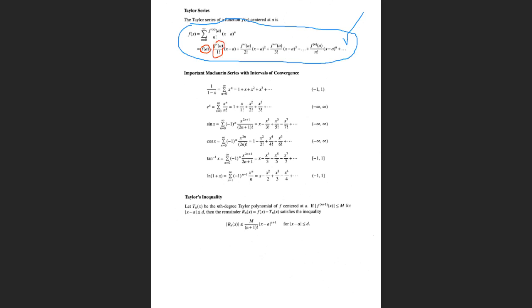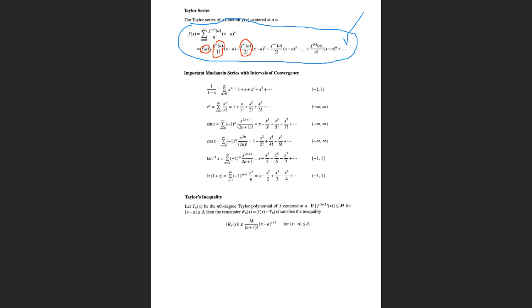Okay, f double prime of a over 2 factorial. What am I missing in this problem if I'm going to construct a 4th degree Taylor polynomial? What value do I need to know? That's right, Nathaniel. Very good. We need to know what a is.